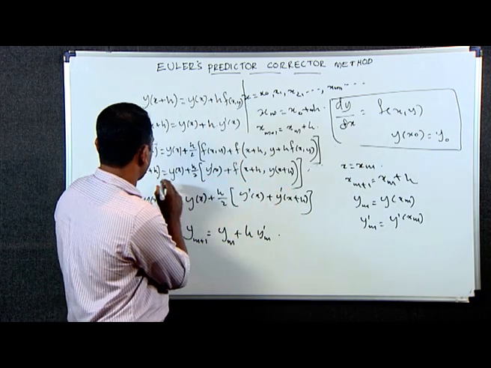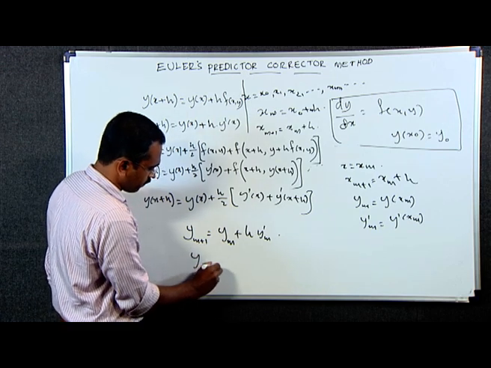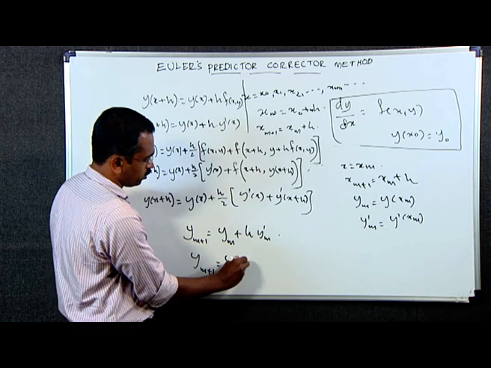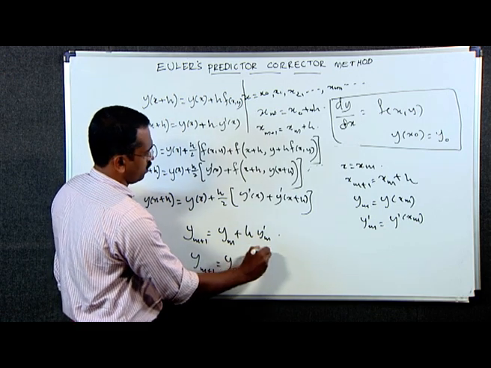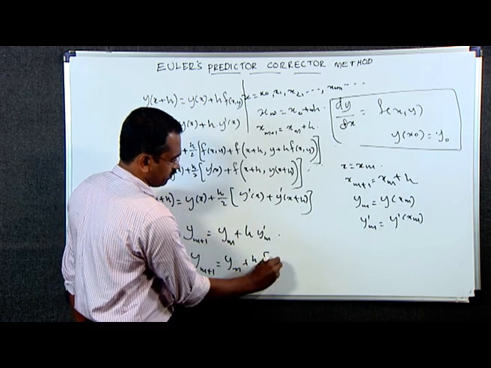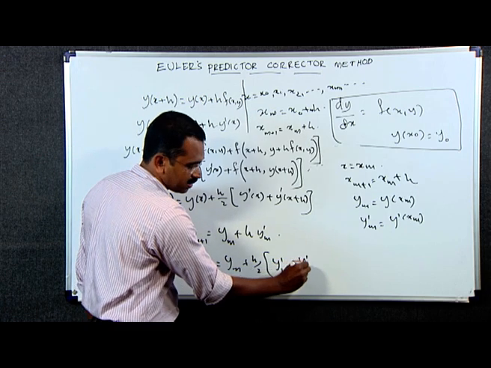And this expression can be written as y_{m+1} = y_m + (h/2)(y'_m + y'_{m+1}).